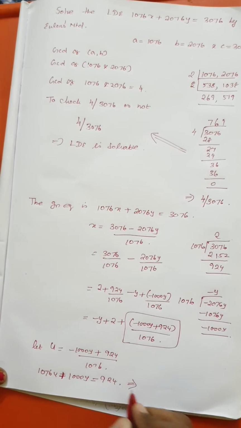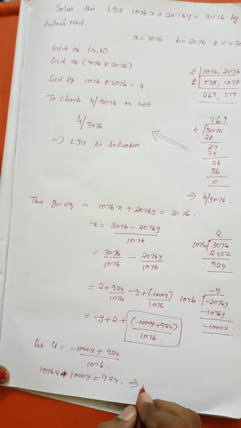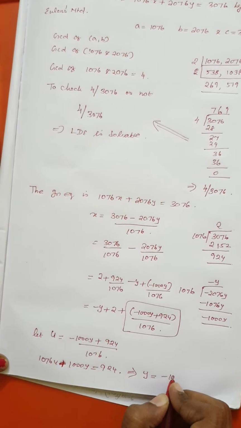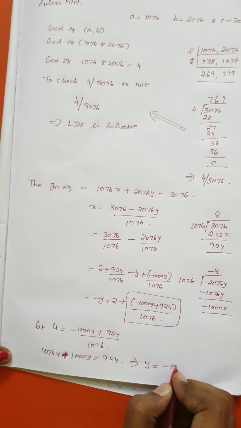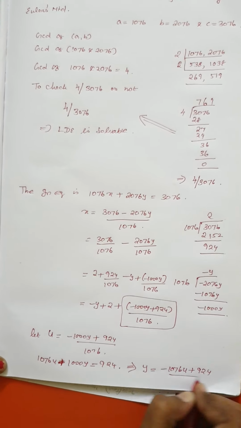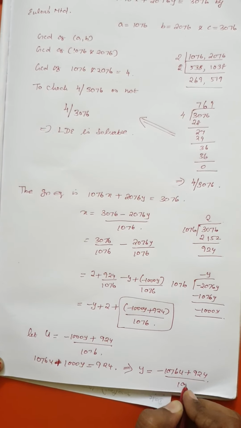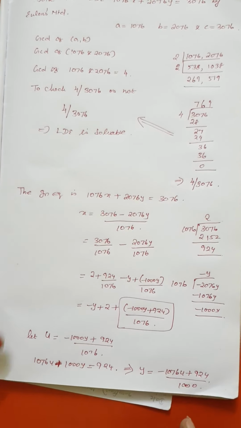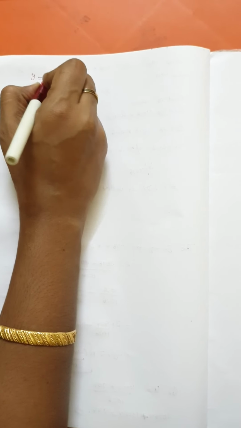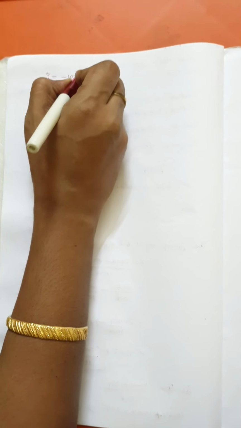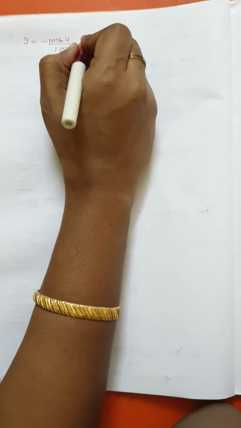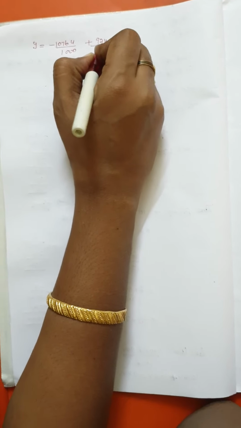So from this equation we can find out the value of y as minus 1076u plus 924 divided by 1000. So y equal to minus 1076u divided by 1000 plus 924 divided by 1000.